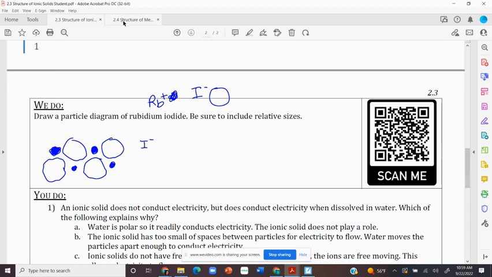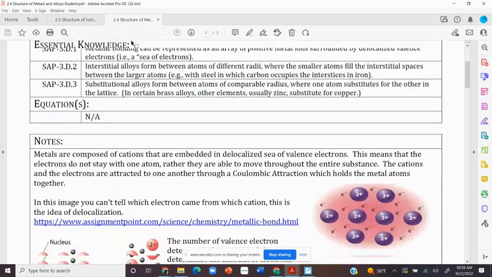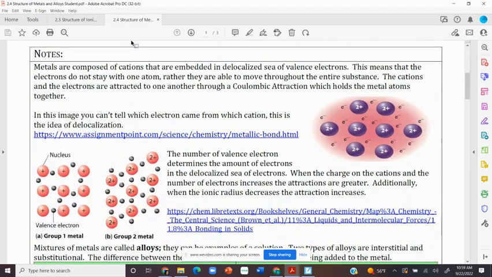All right. 2, 4 then is metals and alloys. There's a couple things that you need to know about these. Remember that these are composed of cations. They also have delocalized valence electrons. What does that mean?